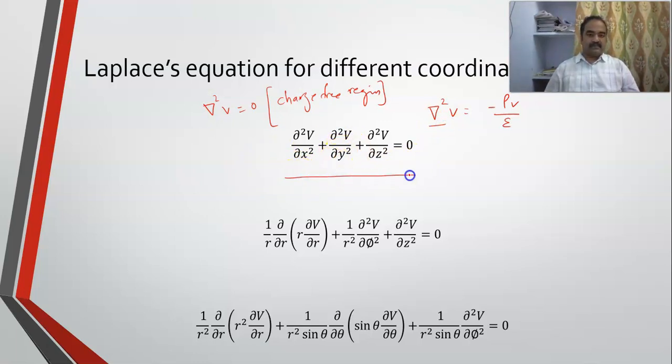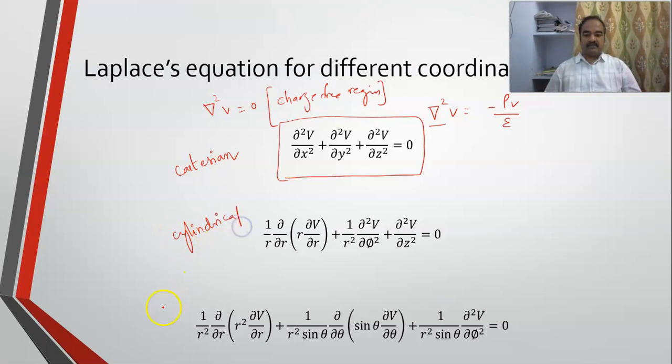This equation is for the Cartesian coordinate system, this equation is for the cylindrical coordinate system, and this equation is for the spherical coordinate system. Try to remember these equations which we have already learned in our first units. These are the representations of the Laplacian operator.